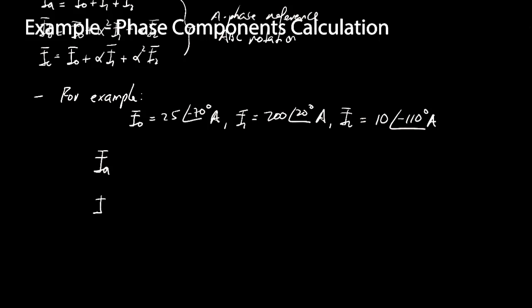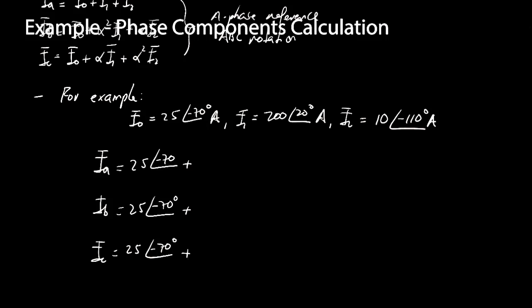So we would get that IA, IB, and IC would be equal to the following. The first term on all three equations is I0, so let me plug that in: 25 at minus 70, 25 at minus 70, and 25 at minus 70, and then plus, plus, plus.